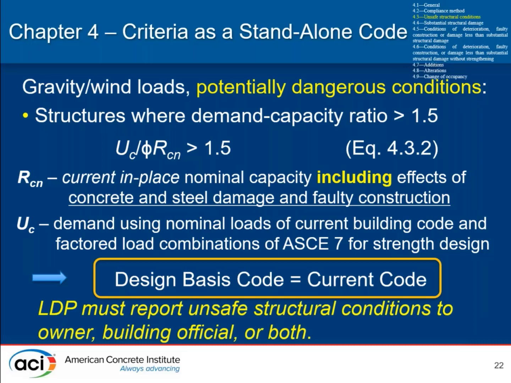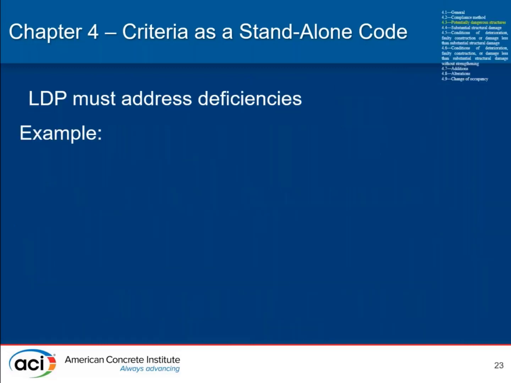If you have potentially dangerous structural conditions, then the licensed design professional must report unsafe structural conditions to the owner, to the building official, or both. Potentially dangerous structural conditions requiring immediate attention are reported to the appropriate authorities, and they must be addressed.